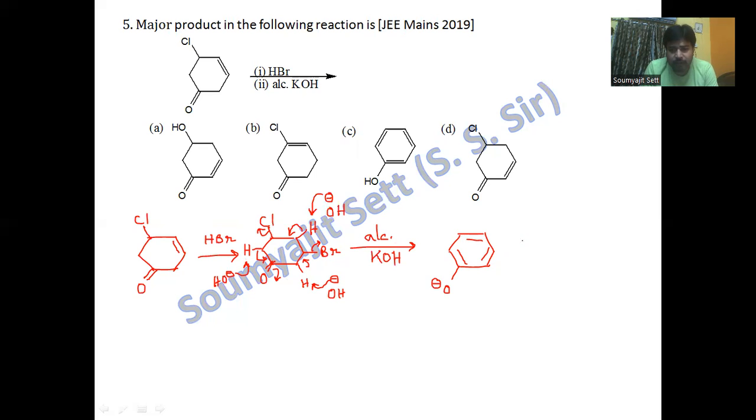If there is no possibility of aromatization, then this hydrogen will not be abstracted. So in the next step, in the presence of water, it is converted ultimately to phenol. So this is the product. So here also.